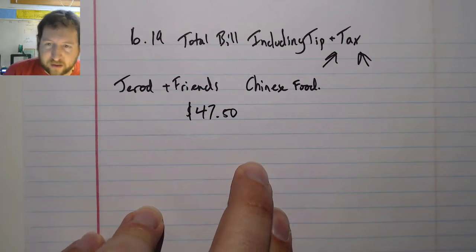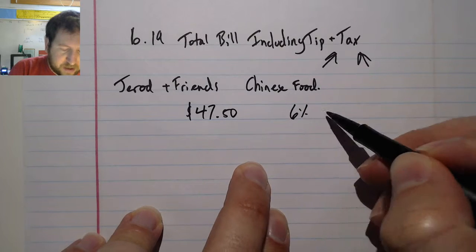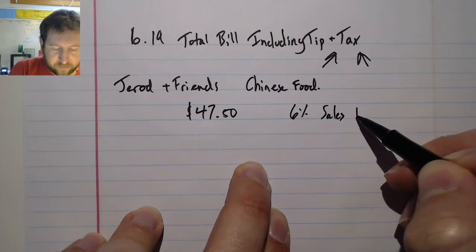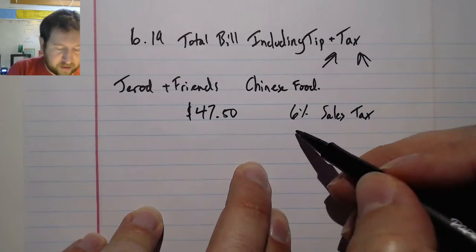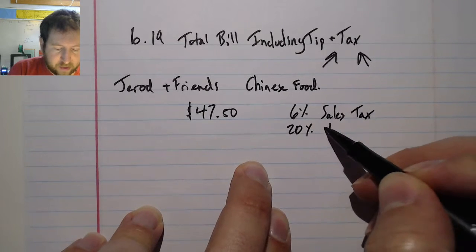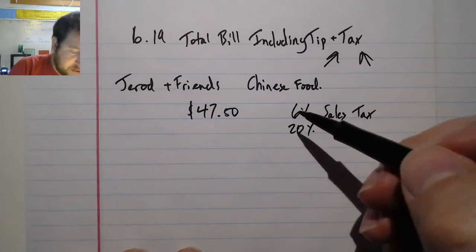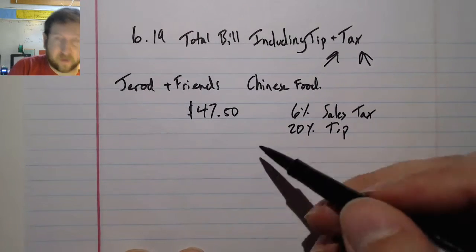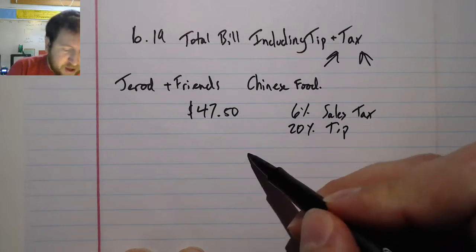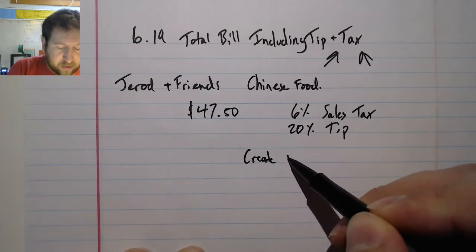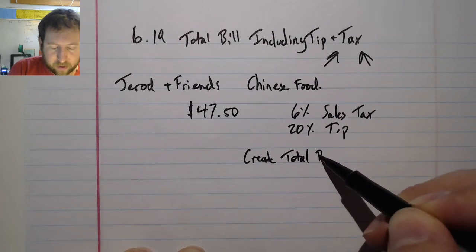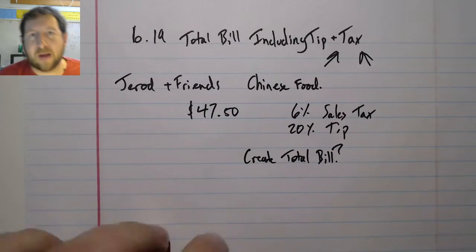The restaurant charges 6% sales tax, and he and his group want to leave a 20% tip as well. The question is, how do we take these two pieces of information, three including our price, and create the total bill? How would we calculate that?